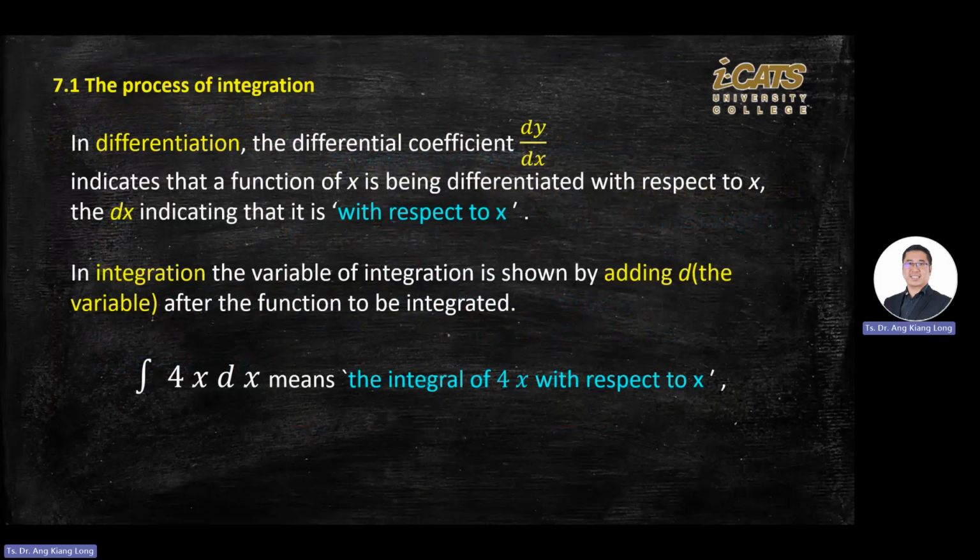So the way you read this, integrate 4x dx, you read it as integral of 4x with respect to x. Means this whole thing is the integral of 4x with respect to x value. If you integrate something, let's say dy, means inside here you then have y, you need to add y.